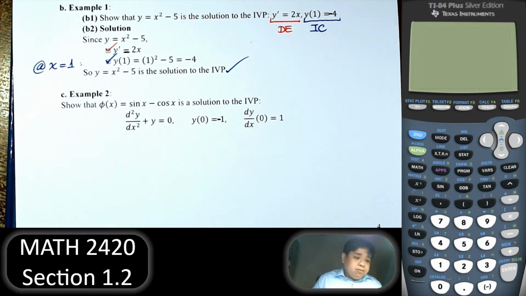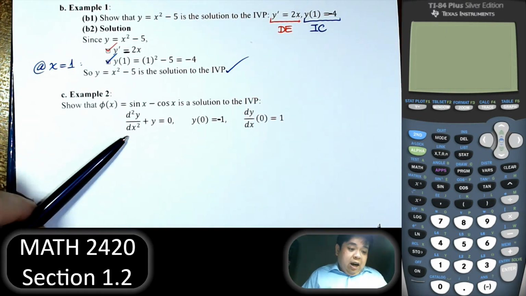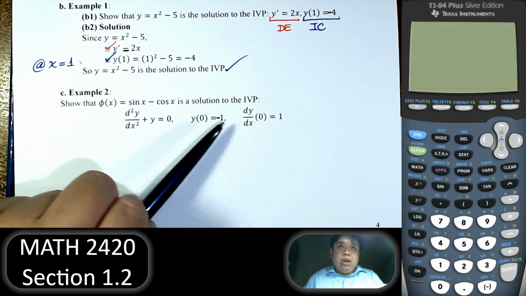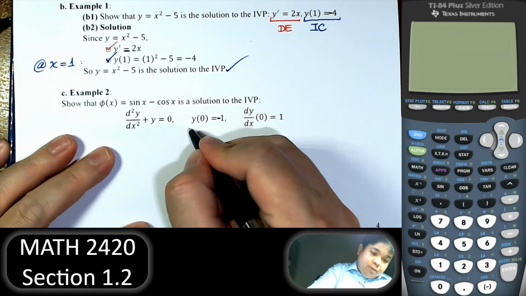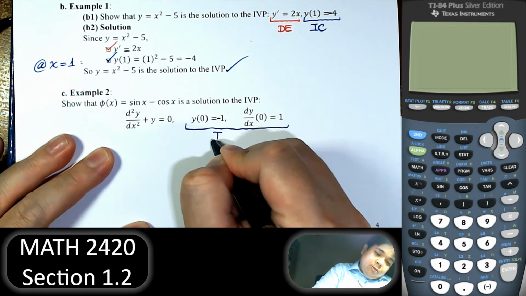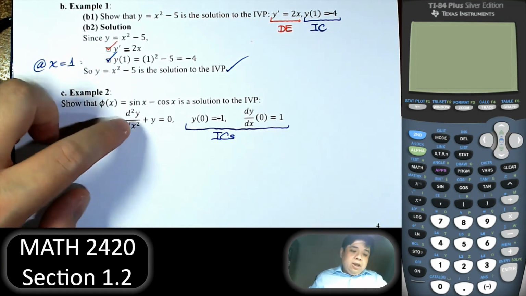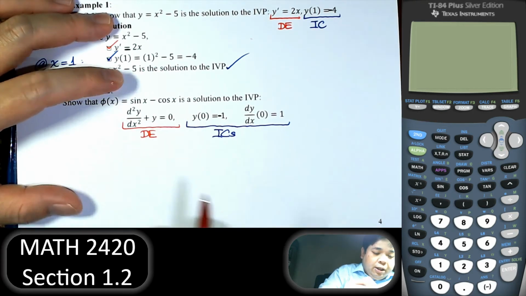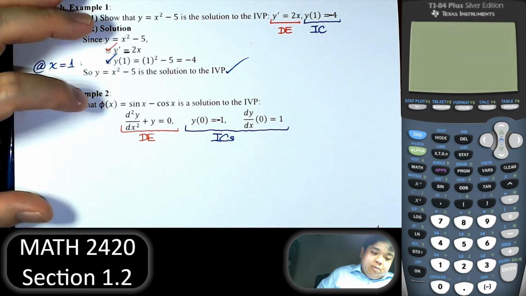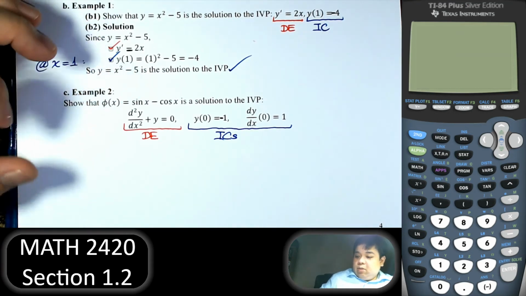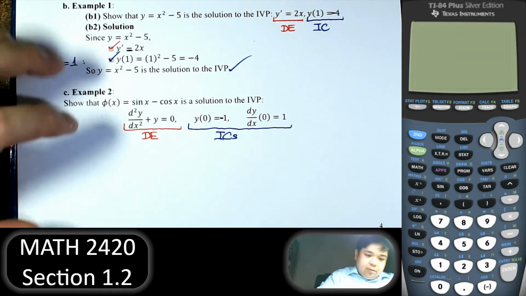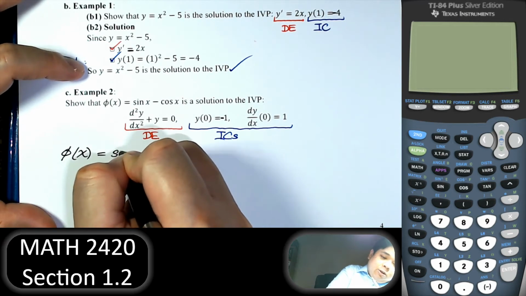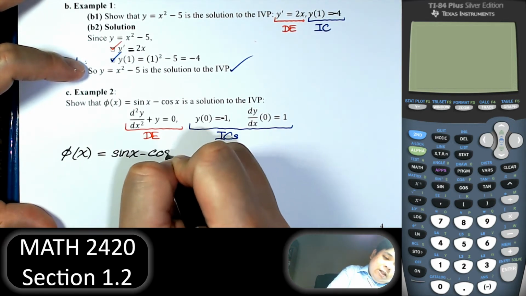Right, one more example. On this one we have a second order differential equation. So since this is order 2, we need 2 initial conditions. And this is the differential equation. Right, the solution is y of x equal to sin x minus cosine x.